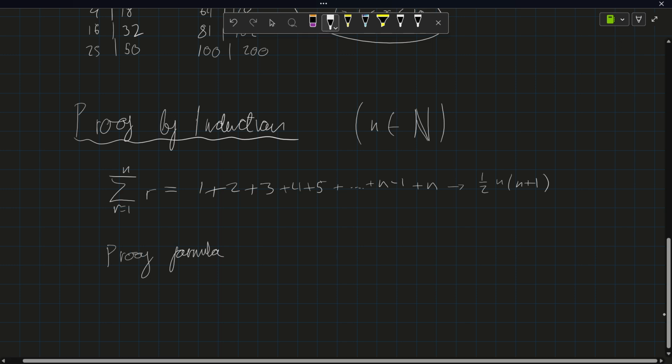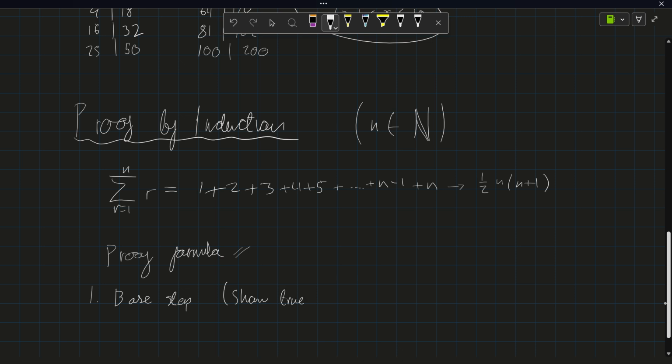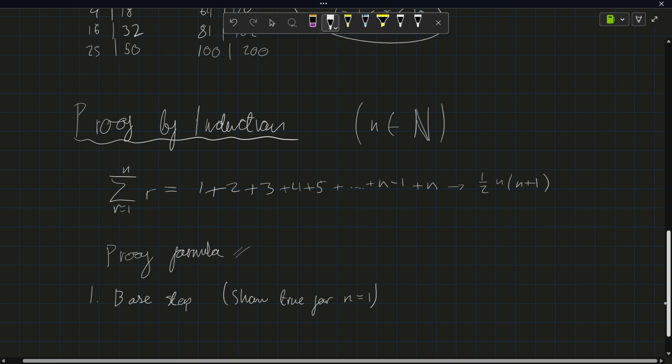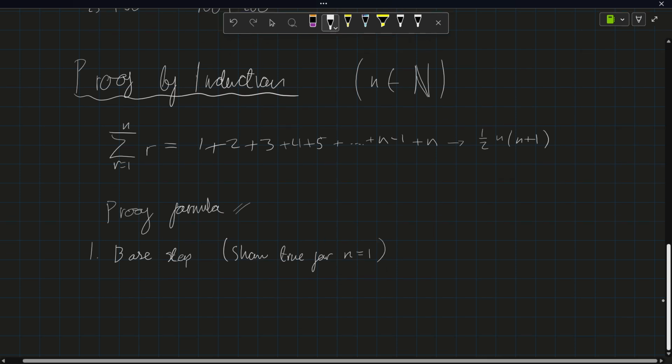The way we're going to prove it is with 2 or 4 steps actually. One, the base step, which is where we show it true for n equals 1. So we need to plug n equals 1 into n, substituted basically.